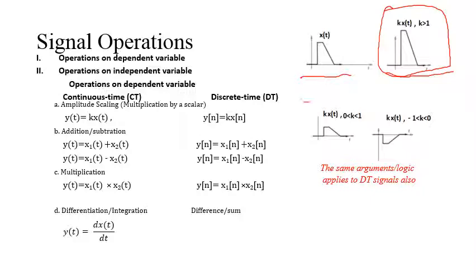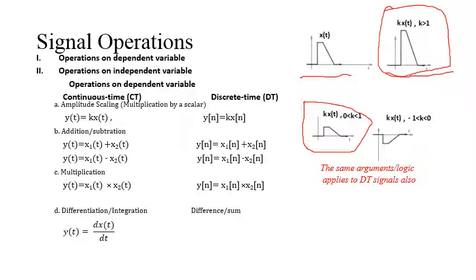Similarly, if k is greater than 0 and less than 1, what does it mean? It means that k has a positive value but it is less than 1. So when k is less than 1, the resulting signal will be the diminished version of the original signal, right? So you are reducing in terms of amplitude, and we are doing nothing towards the time side, right?